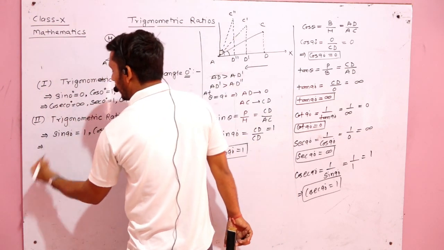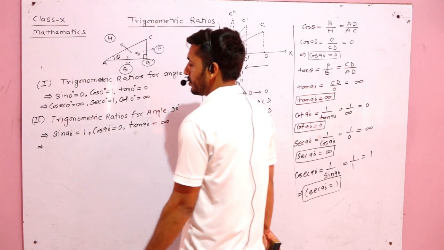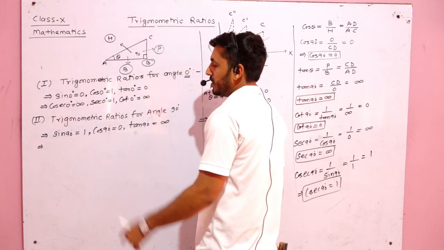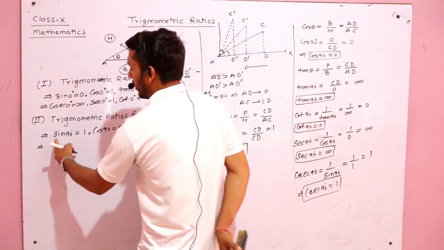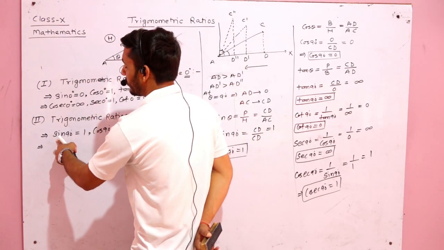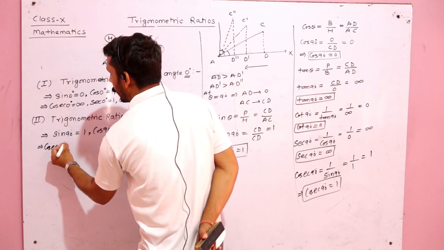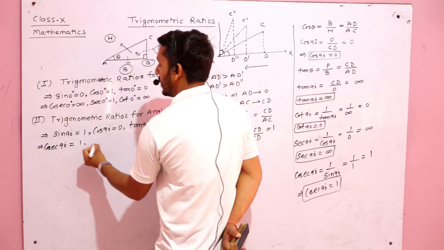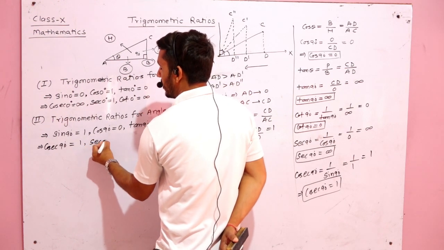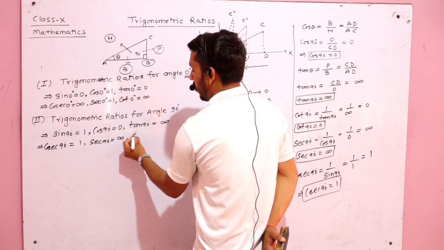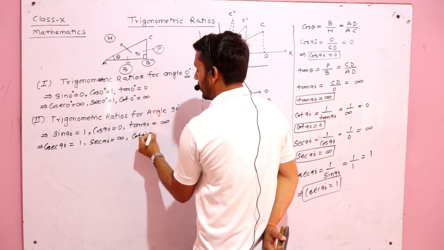The next three trigonometric ratios I am writing here are the reciprocals of each trigonometric ratio respectively. What is the reciprocal of sine? It is cosec. Then I am writing cosec 90 is equal to 1. Then sec 90 is equal to infinite. Then cot 90 is equal to 0.